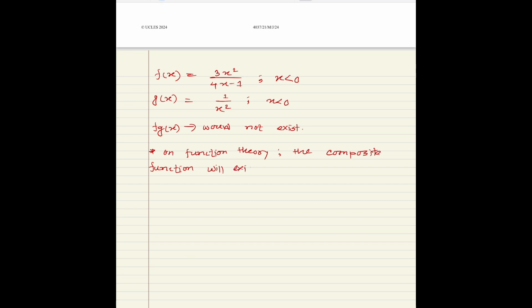It will exist if the range of the inner function, which in our case is g of x, is a subset of the domain of the outer function.